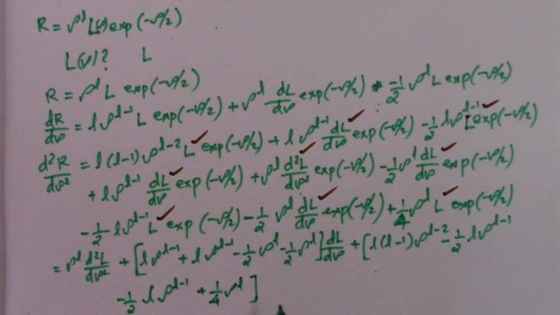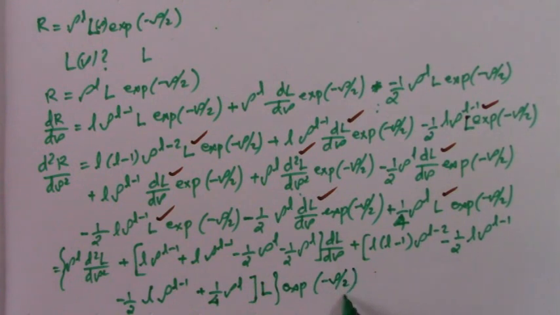So we have L as the common factor of all these, into L, all multiplied by exponential minus rho divided by 2. Okay, that's it.